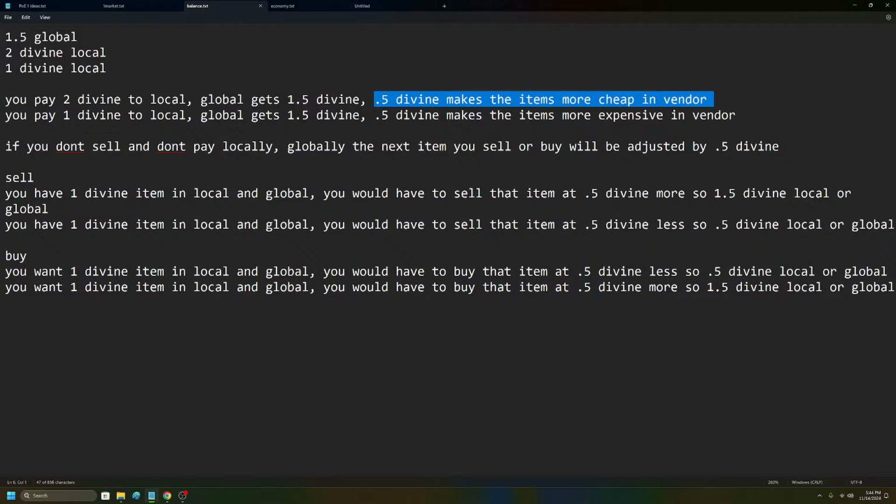If you give that to another player, the player will trade you 0.5 divine, but that divine will go directly to the local vendor. It'll just disappear. You won't see the divine. Alright, so that's the 2 scenarios here, right?